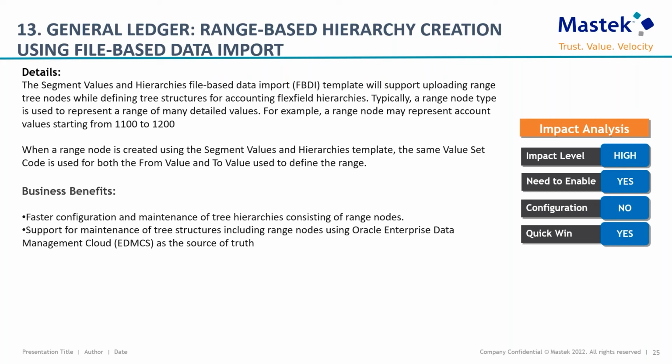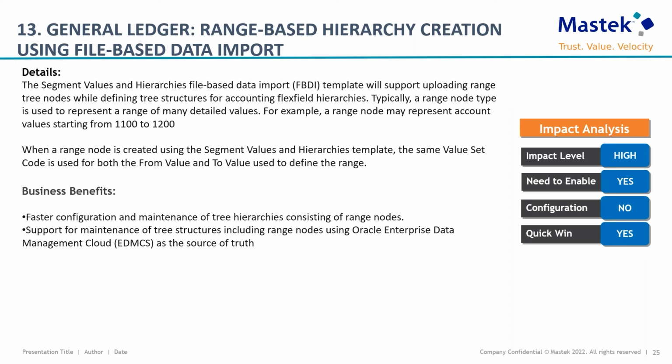So for example, I want to define a parent range node to be 1100 to 1200. All the child values which are between this range will be directly included in that specific parent node, and I don't need to create a separate child node for all these values.